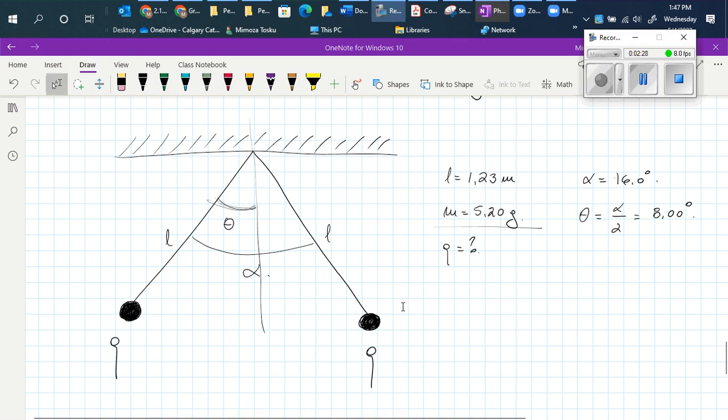What we will find here is the charge that each of those spheres has. So always when you have a problem, this being in physics, sciences, chemistry, or whatever, you will start with, how can I calculate the charge?